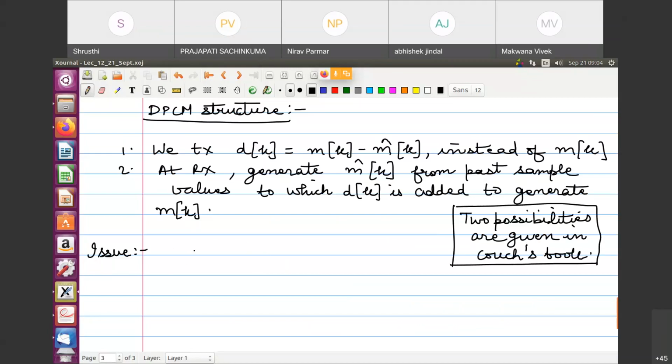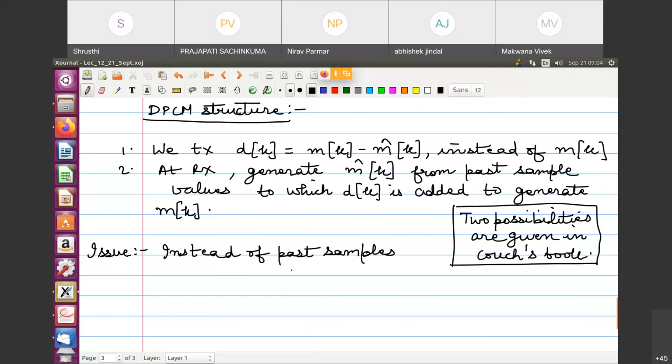So the issue is, instead of past samples, there is an issue at the receiver, in case you use this sort of a design. Okay, so at the receiver, past samples are not available, their quantized values are available.